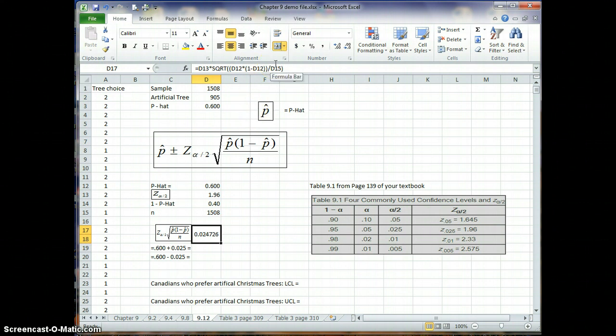So it should be 0.025 if we do a little rounding of the decimal here. And here we see the 0.600 plus the 0.025, and let's do that calculation.